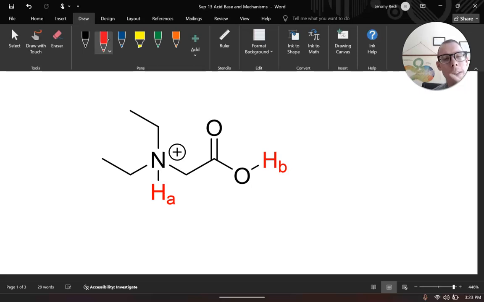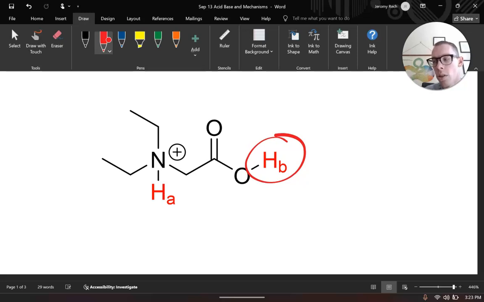Now, based on the rationale that I used in the last one, if I abstract HA, that would give me a neutral structure, because that would be a lone pair on the nitrogen with 3 bonds, where if I abstracted HB, I would end up getting a negative charge that would do resonance. And interestingly, in here, HB is going to be your more acidic compared to HA.